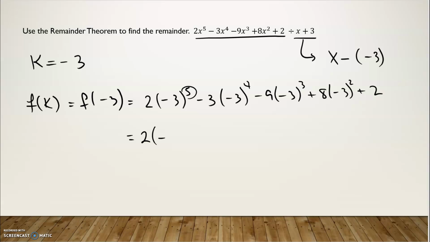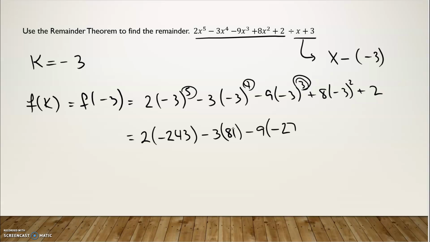So 3 times itself 5 times is 243. Minus 3, it's an even number, so I know that's going to be a positive number inside. So 3 raised to 4 is 81. Minus, it's raised to a negative and to an odd power, so it's going to be a negative inside here.